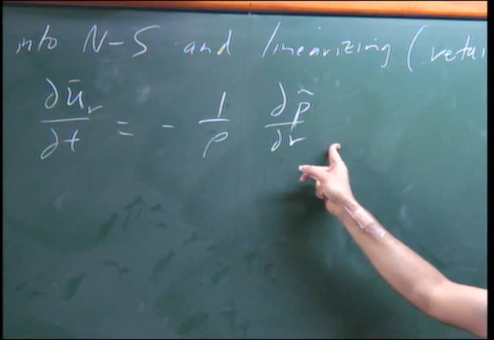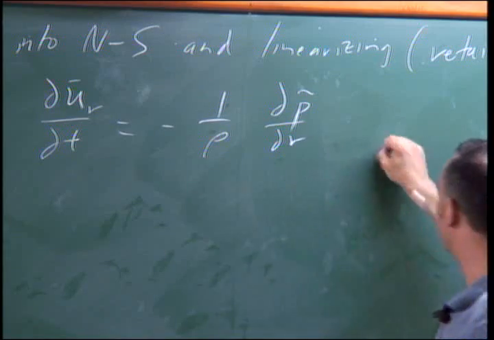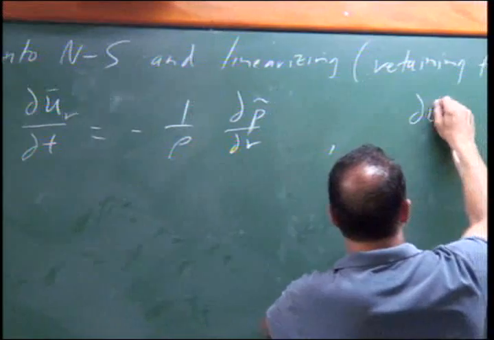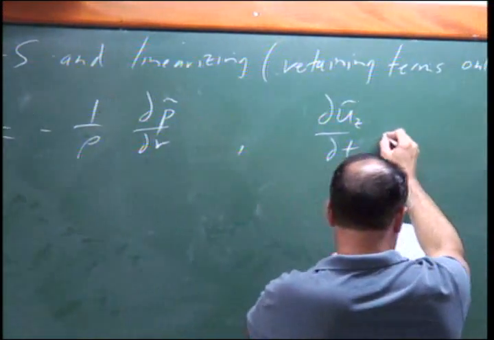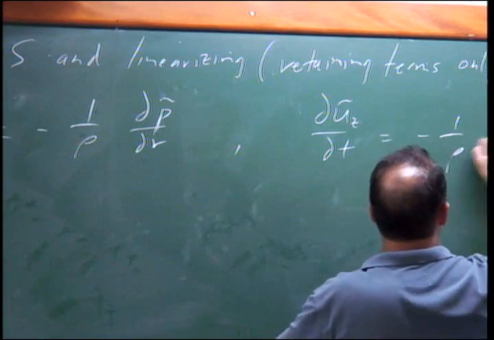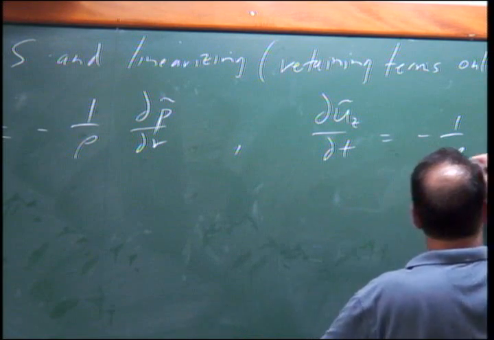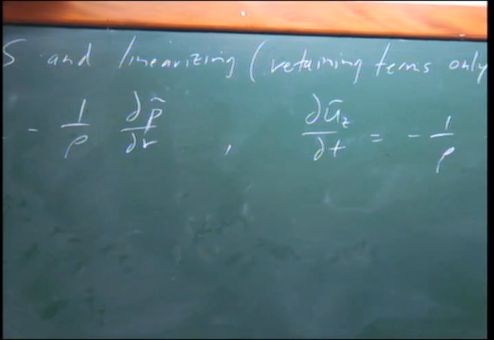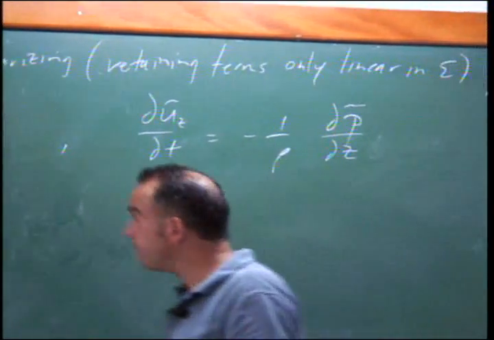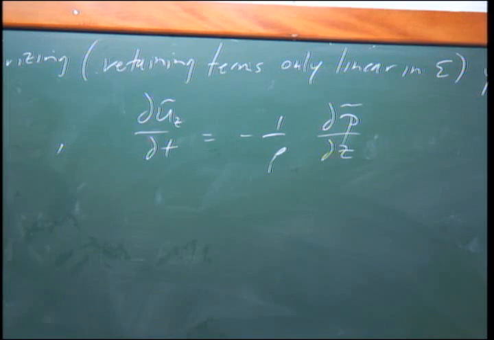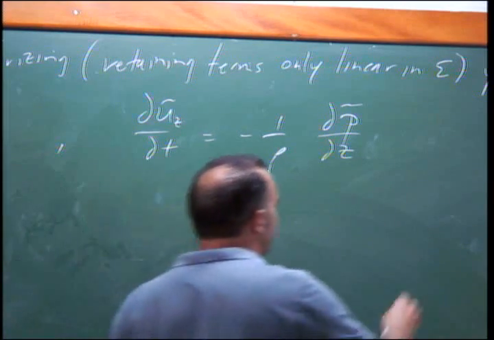And then there's the viscous term, which we can throw out because we're neglecting viscosity. And then the Z component, and then we have, so those are the two components of the momentum equations.